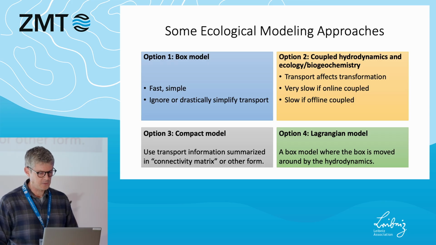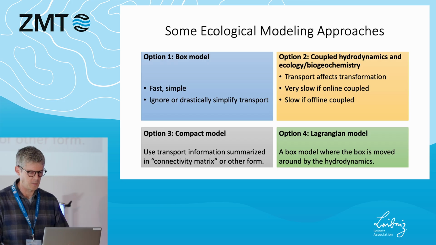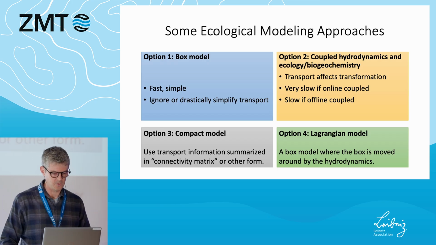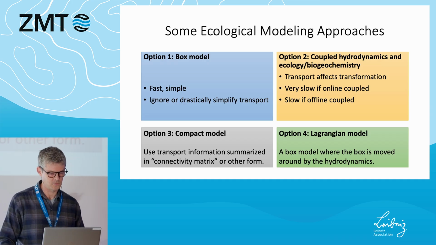The other extreme is to do a fully coupled hydrodynamic and ecological model where transport and transformation happen at the same time and spatial step. And that's great. That should be the most accurate approach. But it can also be slow, particularly slow if you do it all online. It can be a little faster to run the ecological part if you save the hydrodynamic results, and even faster if you do some grid aggregation or other clever approaches. But still, it's something that's going to run in much longer than a millisecond.